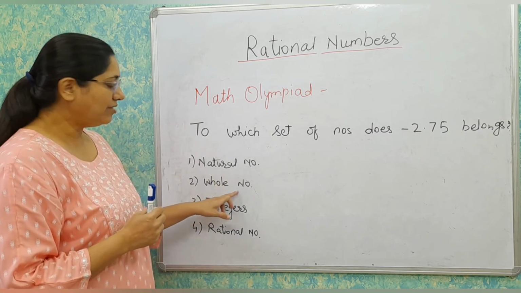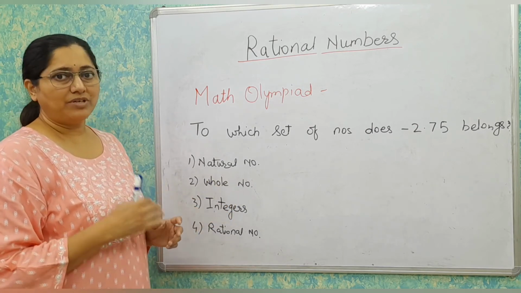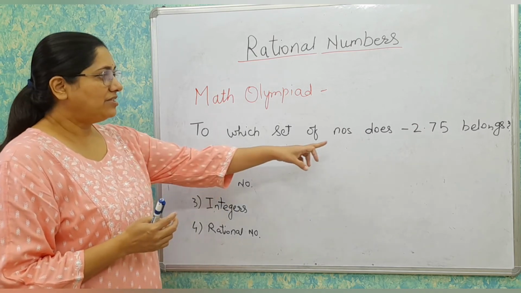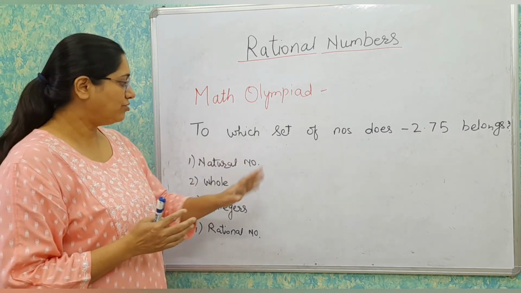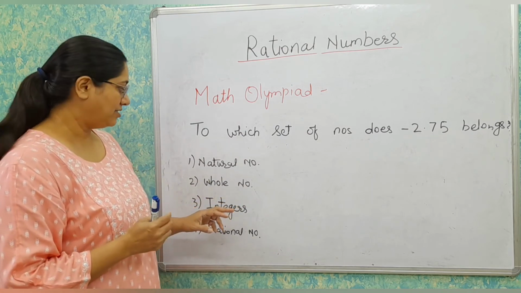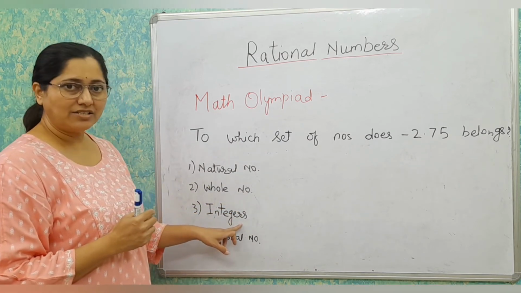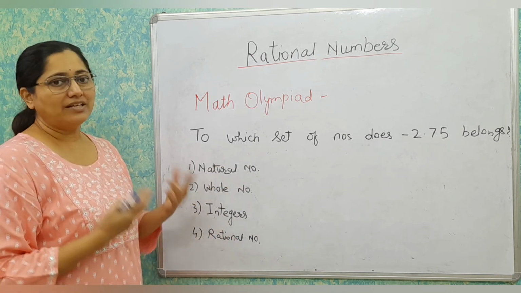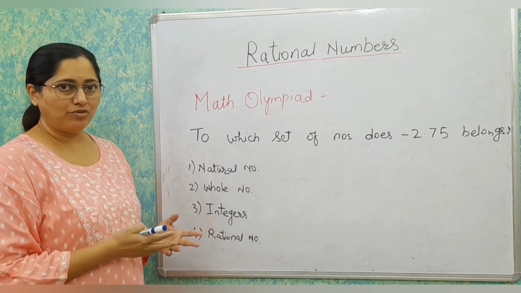Second one, whole number. You know that whole numbers start from 0, but this is a negative number, so it is less than 0. So whole number is also the wrong answer. Third one, integers. Yes, in this case integers may be negative and positive both.